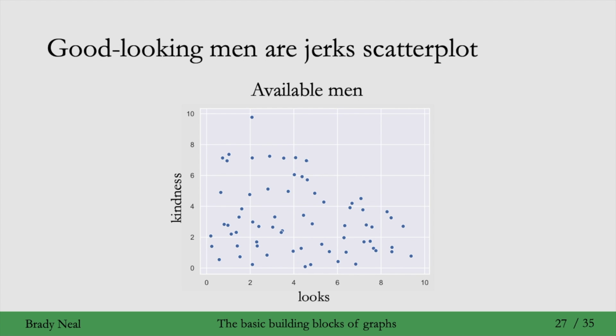And that's because we have selected only the men in the population who are available. All the ones that are not available were in the top right-hand corner there. That's why this induced association, when we select a certain subset of the population, is sometimes called selection bias.